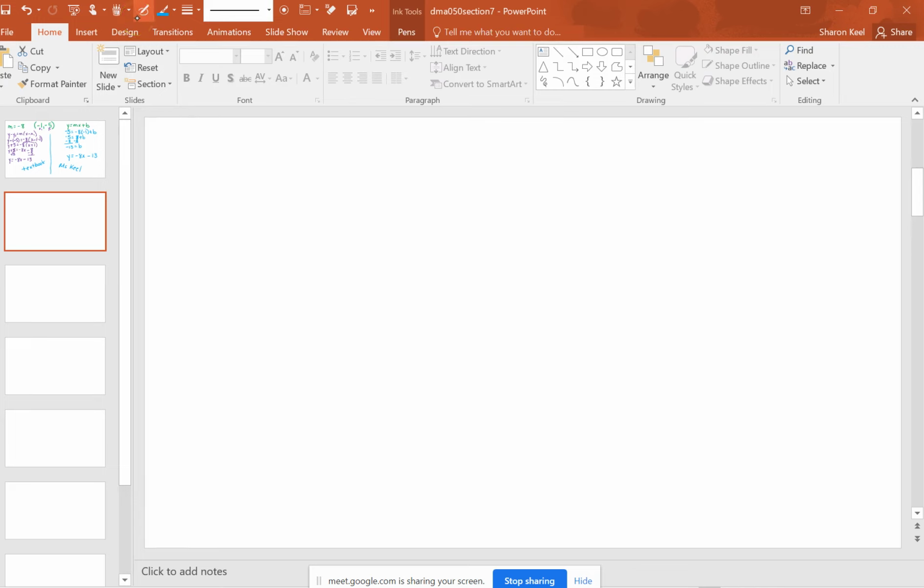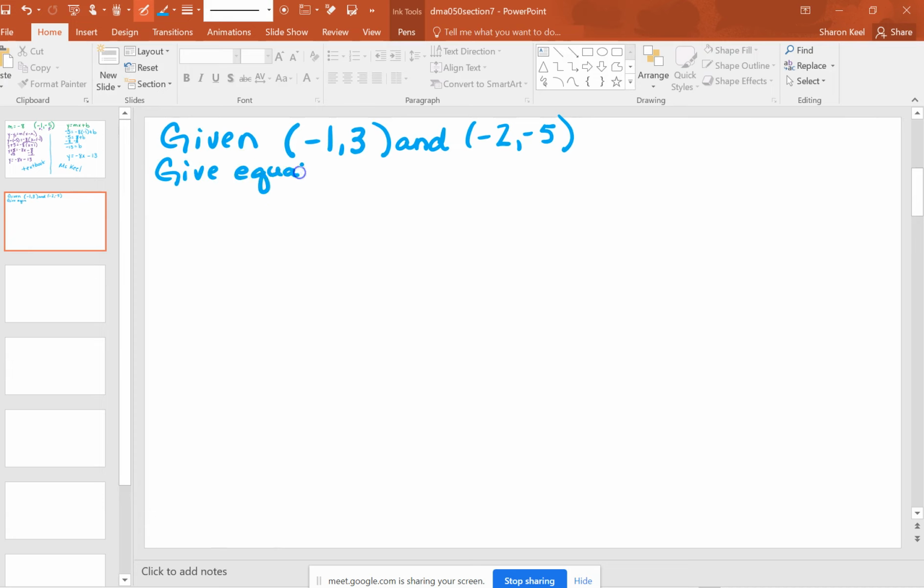Okay, so we're going to have given -1, 3, and given the point -2, -5, given all of this, I'm going to ask you to give the equation in standard form, which is ax plus by equals c.